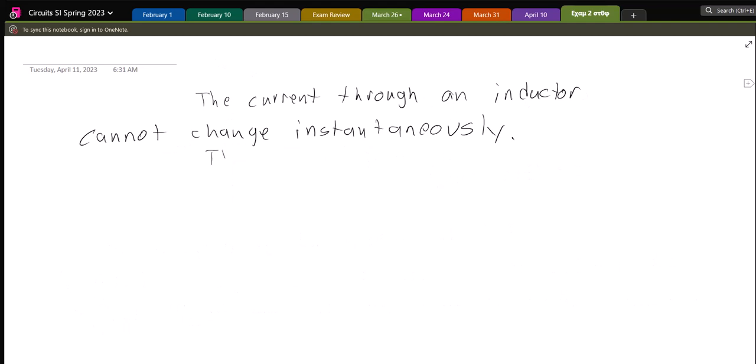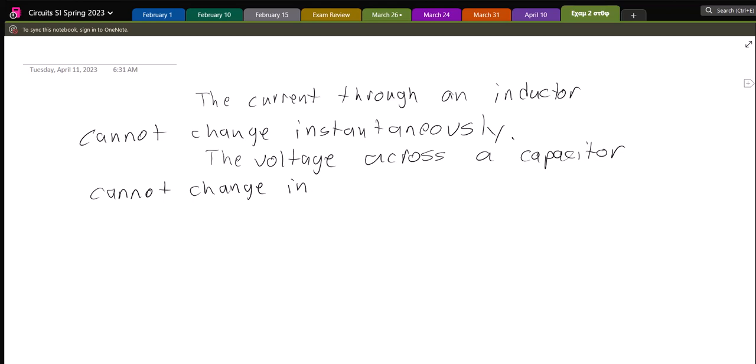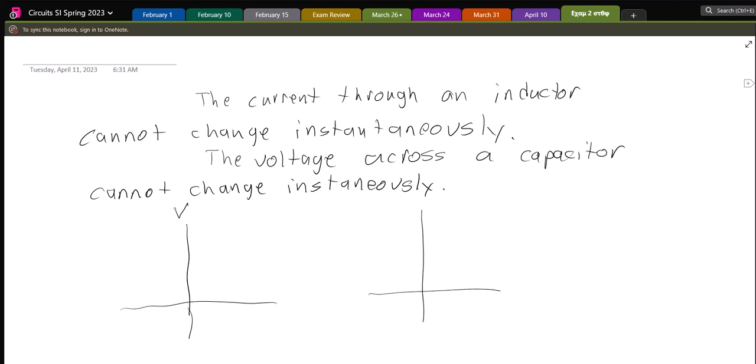It can't change instantaneously. Similarly, the voltage across a capacitor cannot change instantaneously. So if I have two graphs here, let's say this is voltage, and this is current, and I were to ask, could this be the graph of the voltage across a capacitor?